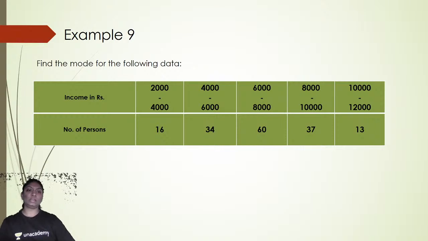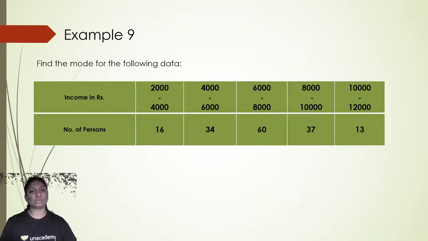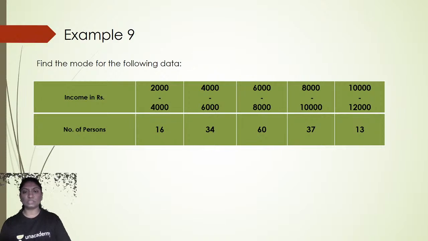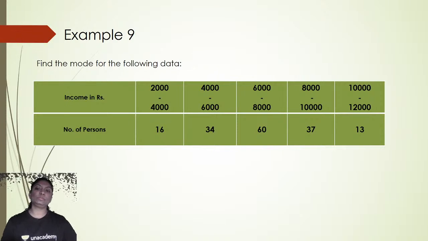Number of persons are: 2000 to 4000, 16; 4000 to 6000, 34; 6000 to 8000, 60; 8000 to 10,000, 37; 10,000 to 12,000, 13. Okay.